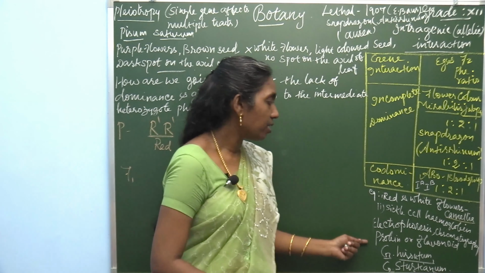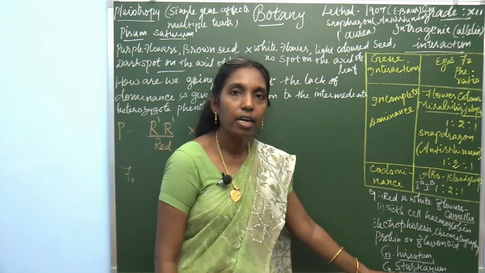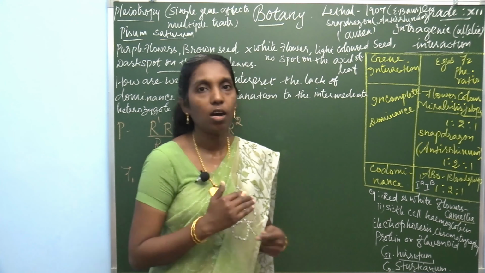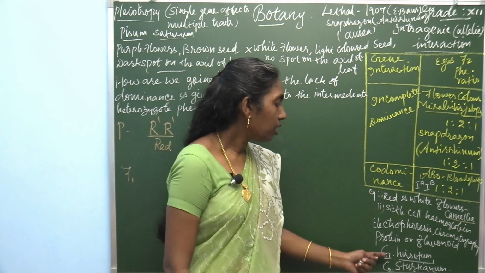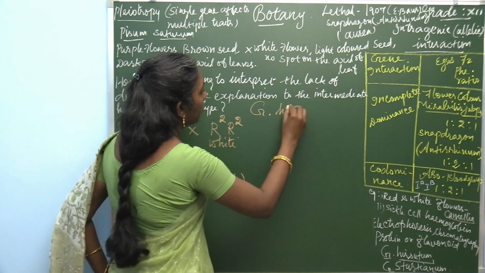There is an example, let us see, in Gossypium hirsutum and Gossypium sturtianum, cotton, the common cotton plant. These two examples are cotton, Gossypium hirsutum and Gossypium sturtianum.